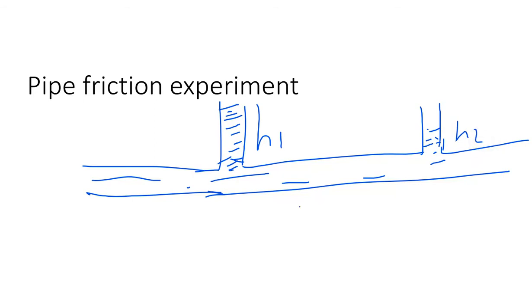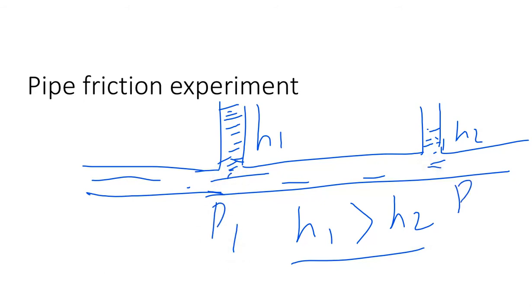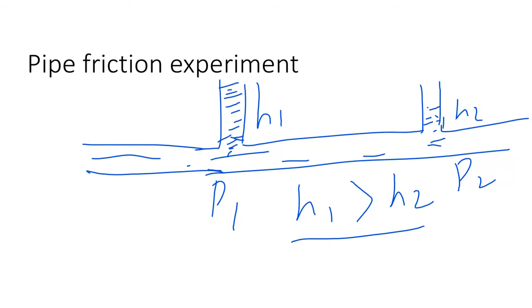So H1 is more than H2. So this is P1, P2. There is a loss in pressure, head loss, pressure loss, which is happening just because of friction in the pipe. There is no other reason. So as fluid flows along the length of the pipe, there will be pressure loss because of friction. This is the first observation.